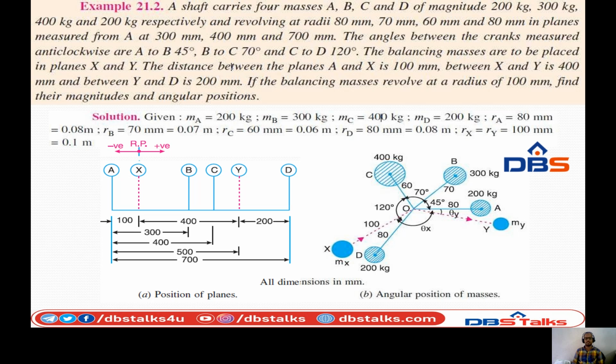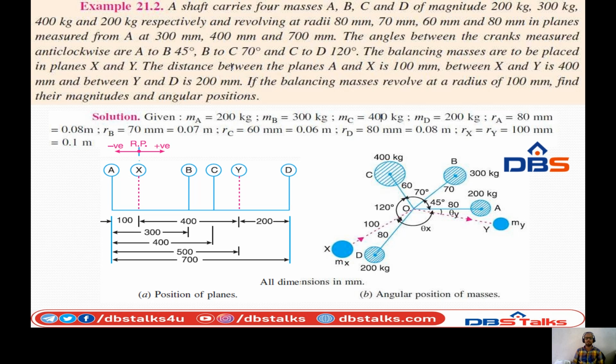So simply we can say that the successive angles of the masses are given. So we have to take one of the masses as reference. We can say clearly that the mass A will be the reference.